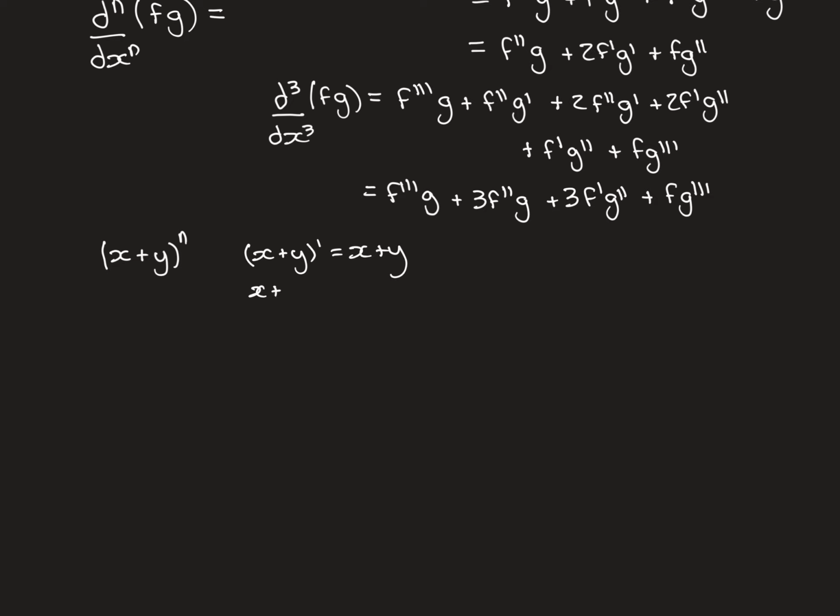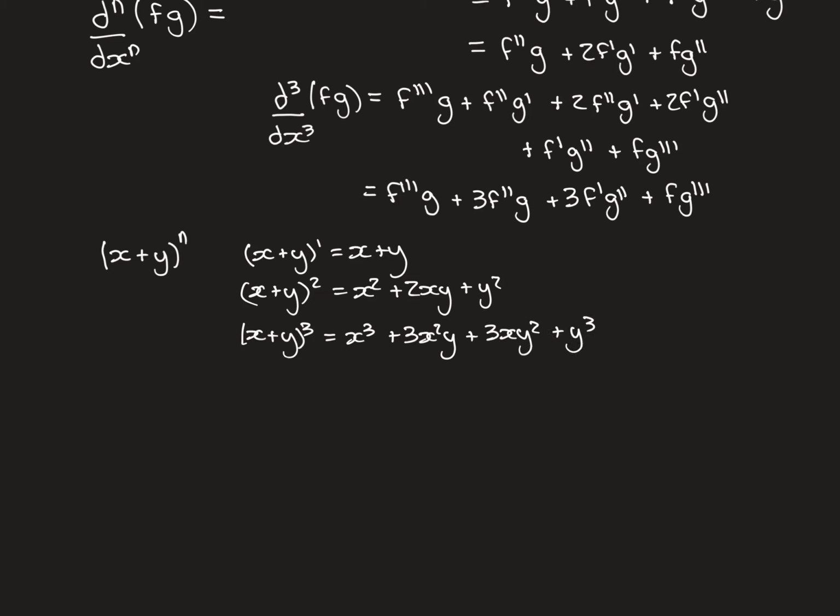When you look at x plus y to the power of 2, this is then equal to x squared plus 2xy plus y squared. Then when you look at x plus y to the power of 3, it's then equal to x cubed plus 3x squared y plus 3xy squared plus y cubed.